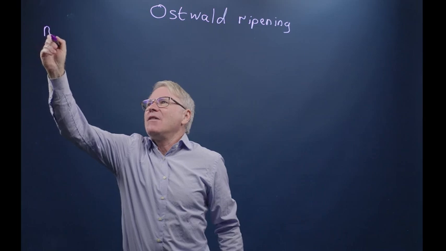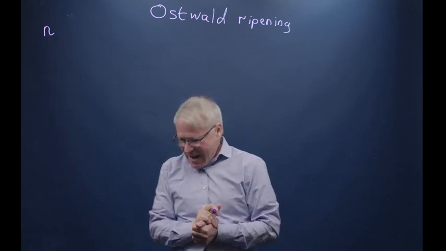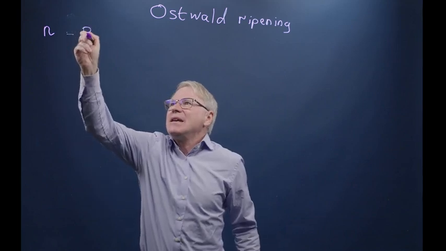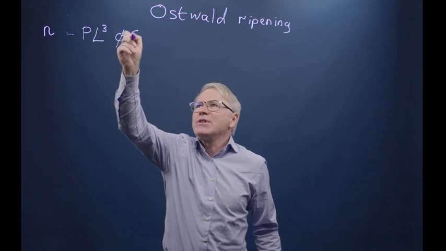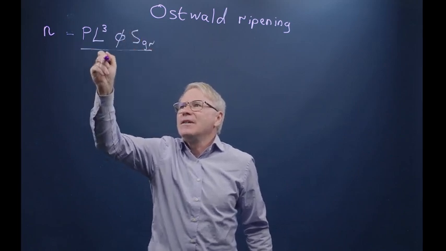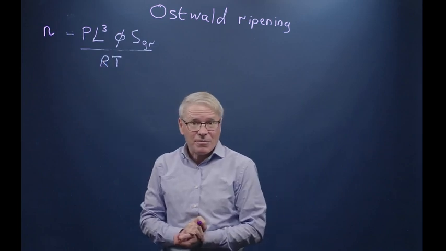The number of moles that is within a length L is P L cubed porosity SGR, and then we need to divide that by RT because we were using the ideal gas law.